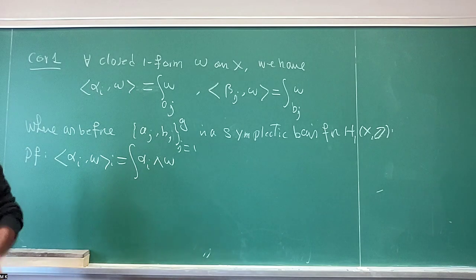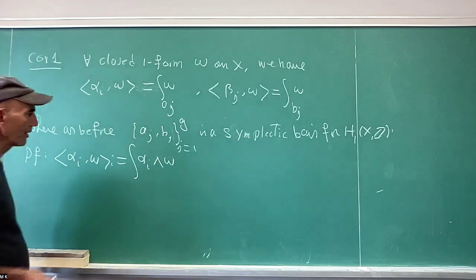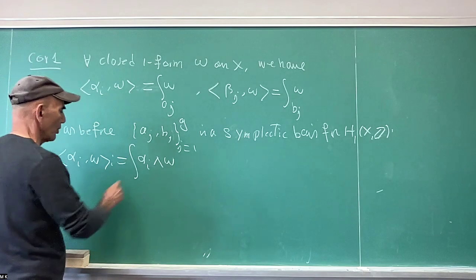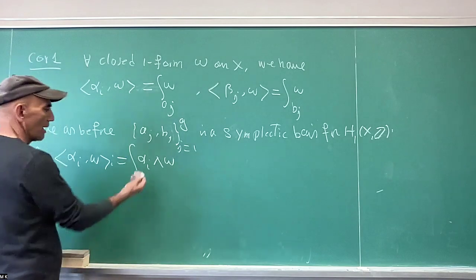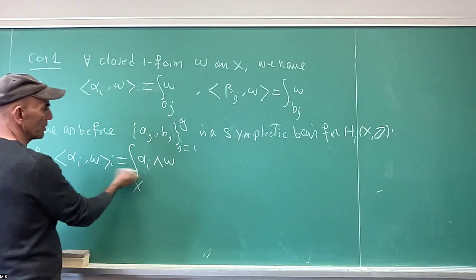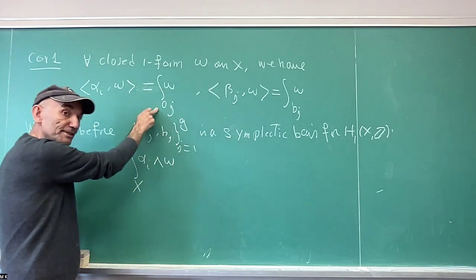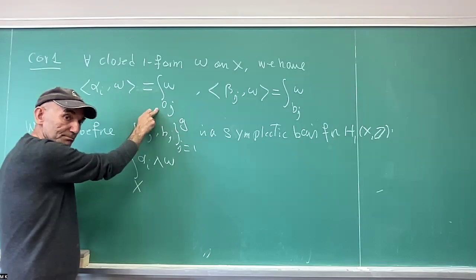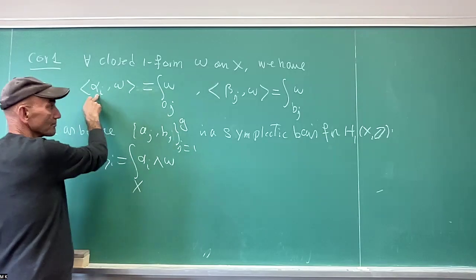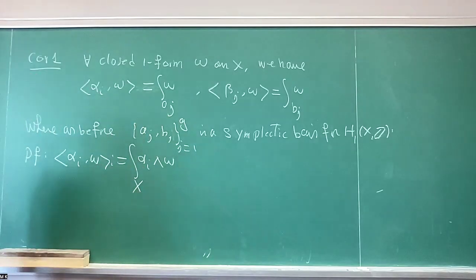This is a double integral because this is the Poincare pairing on the de Rham cohomology over X. Now you're saying that all of a sudden you can get rid of this double integral by a line integral of a one form over the cycle a_j. So this is not obvious, right?